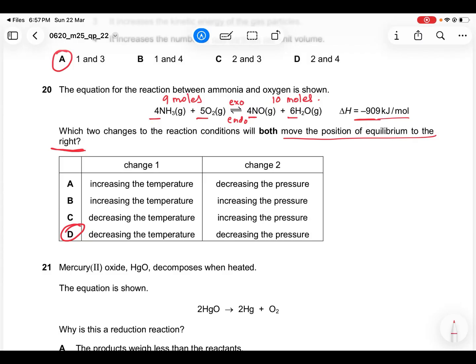I don't want my equilibrium to shift towards the reactant side. I want it to shift towards my product side, and hence I'm going to decrease the pressure. Whenever we decrease the pressure, it shifts towards the side where there are more moles, and more moles are on the right hand side, and hence I need to decrease the pressure also. So we have to decrease the temperature and the pressure, and that is why option D is the correct answer.